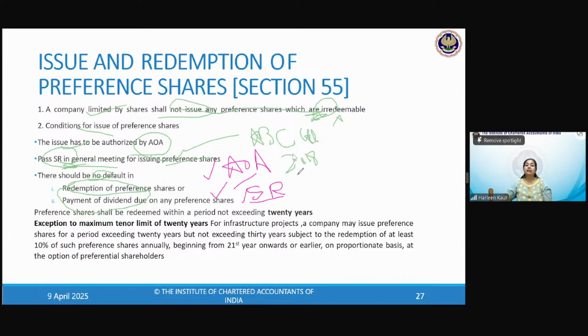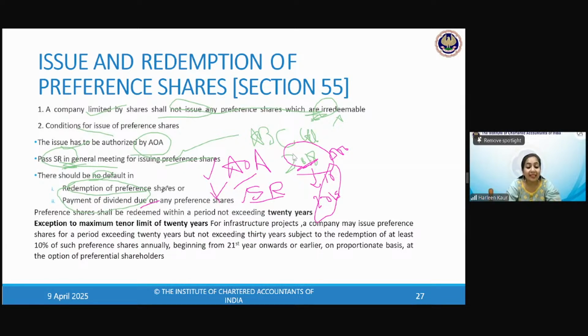And the third is, if this company is planning to issue in 2018, but in the year 2015 or 2016 or any other year, it has not paid the dividend, other preference shareholders are angry and upset. We have not paid their dividend. We have not redeemed the preference shares on time.